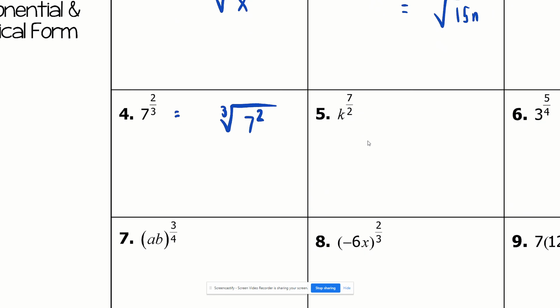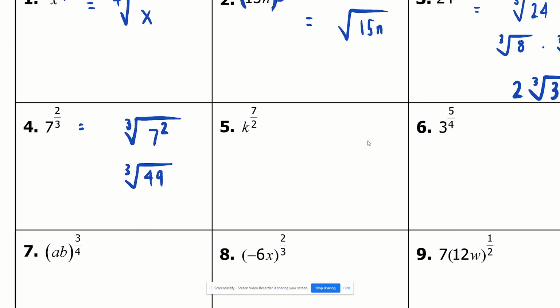Now, 7 squared is actually 49. Now let's check that. Okay, 49 itself is not a perfect cube. If you divide that into 2, that's 24 and a half. So the only thing that could possibly go into it that's a perfect cube is 8, and it does not. So I actually cannot simplify that down, so I leave it, the cube root of 49.